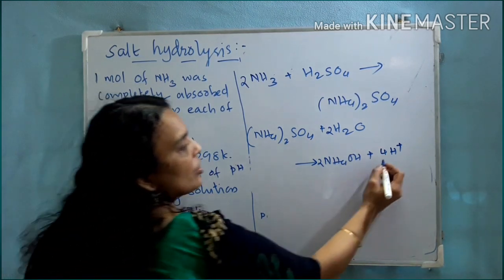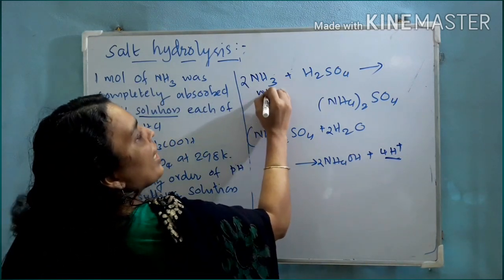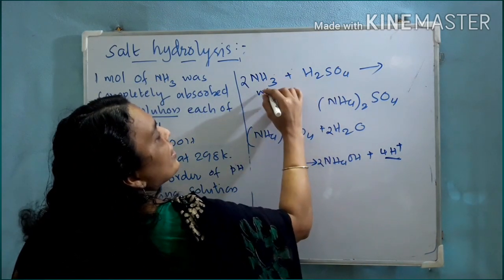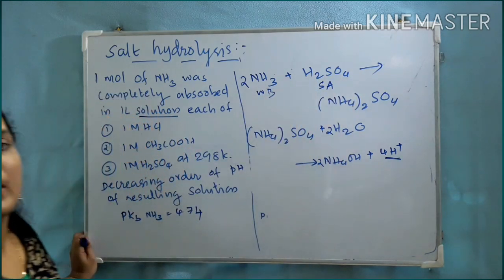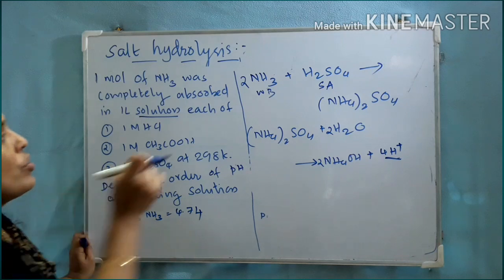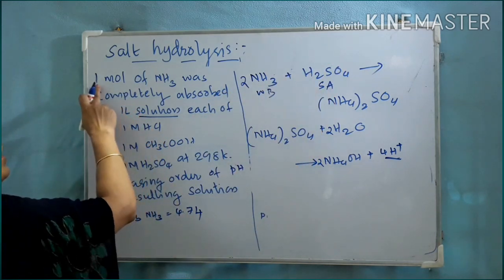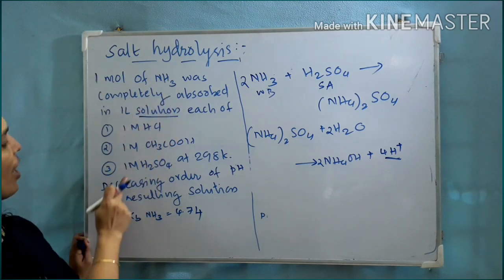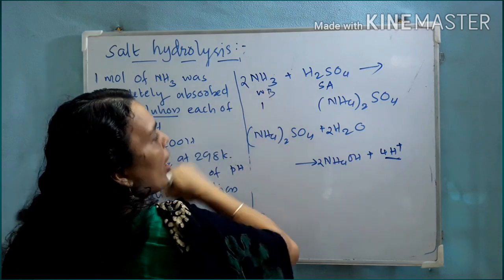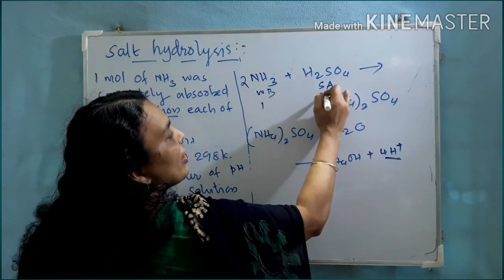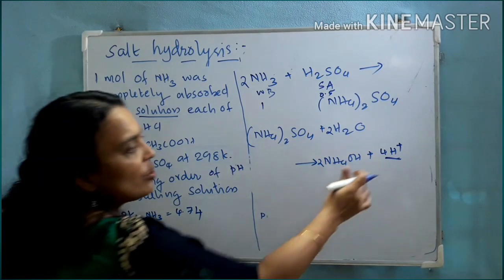Now listen, what about the nature of the solution? Here it is a weak base and a strong acid. 2 moles of ammonia require 1 mole of H2SO4. What is taken here? 1 mole of ammonia and 1 mole of H2SO4. So 1 mole of ammonia is reacting only with 0.5 mole of H2SO4. Already the solution is acidic.